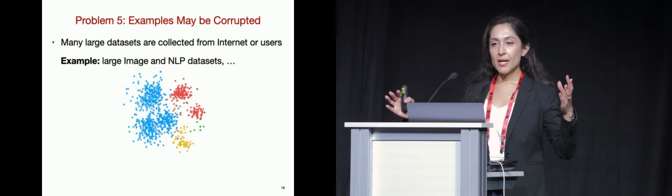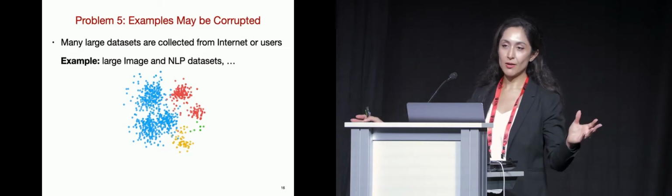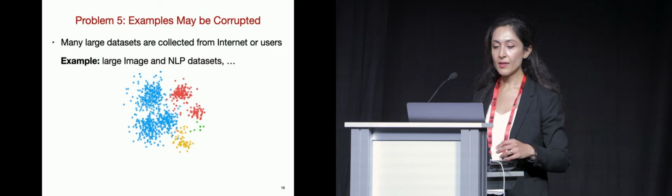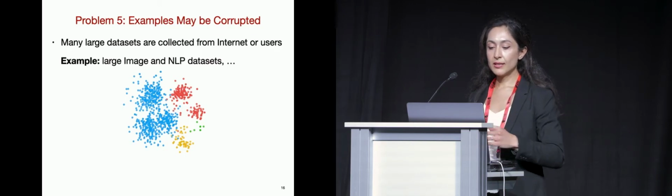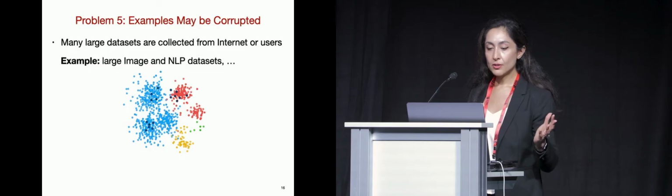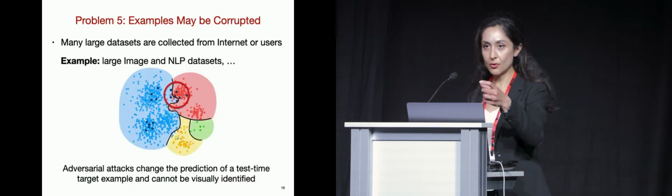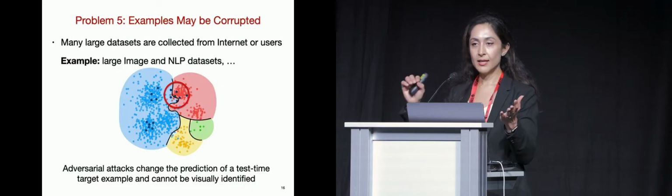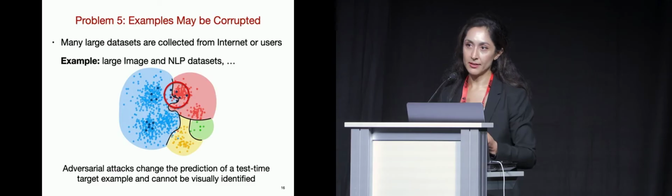Last issue: many of these large data sets, we crawl them from user-provided sources. And a lot of times, people can insert malicious examples, even just a few. We train the model, everything goes well, performance is good. At test time, the target example that the adversary likes is going to be misclassified to the class that the adversary likes.